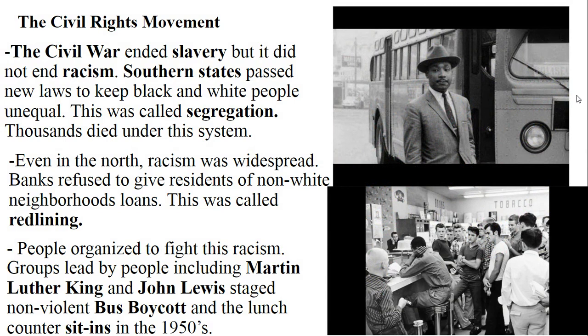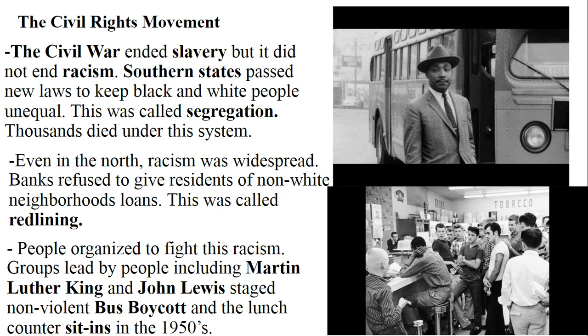People organized to fight this racism. Groups led by people including Martin Luther King and John Lewis staged nonviolent bus boycotts and lunch counter sit-ins in the 1950s. So people tried to build a coalition by raising awareness of the injustice of segregation in the South.